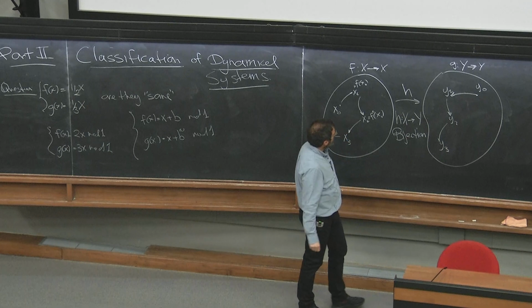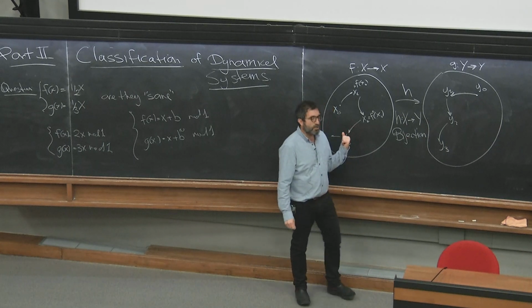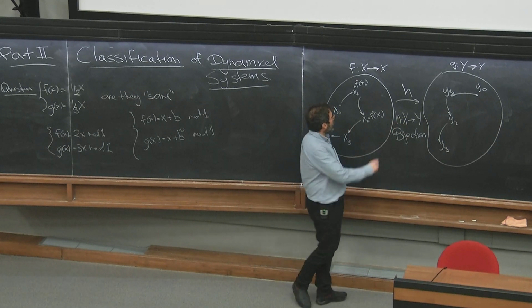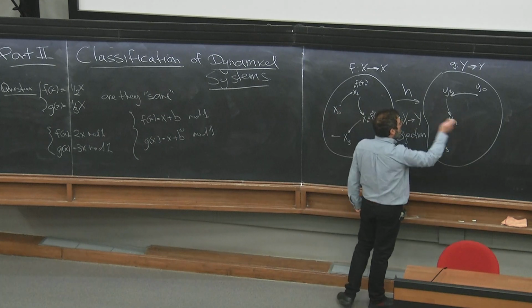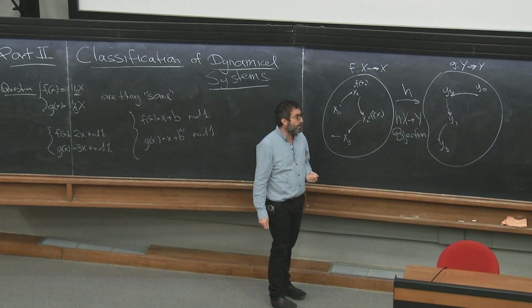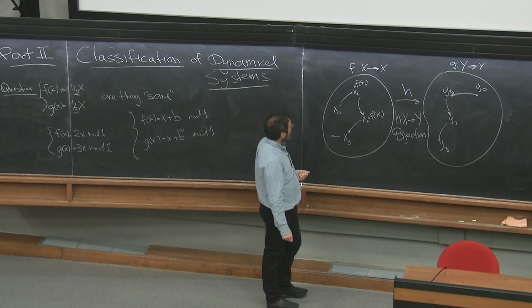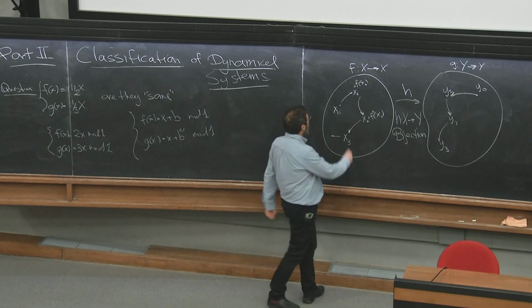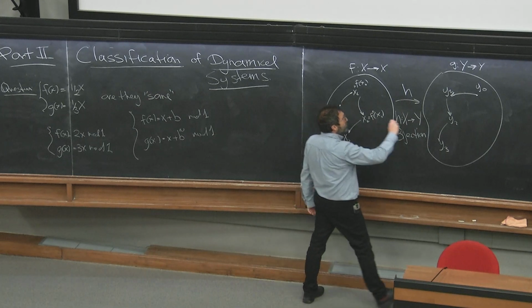And then we want this bijection to match up all the fixed points. So if it has any fixed points here, it will match them up one to one. If it has periodic points, it will match them up, right? And then if we have an orbit that is not periodic, then suppose that x0 maps to y0.